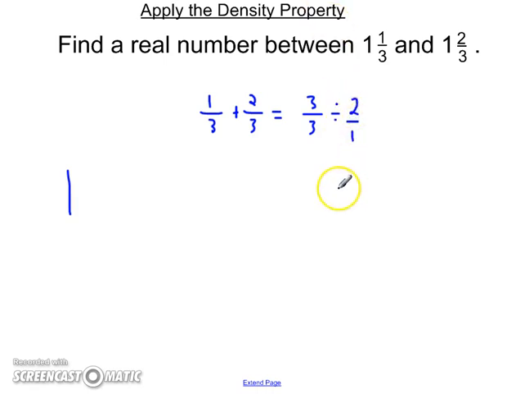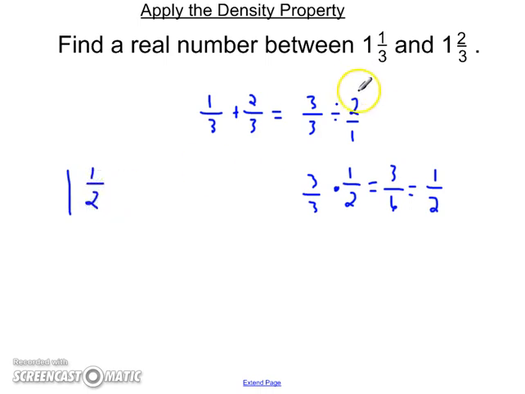I take the second fraction and flip it upside down, so 2 over 1 becomes 1 over 2. Then go ahead and multiply out. 3 times 1 is 3. 3 times 2 is 6. 3/6 is a half. So my fractional part will be a half.